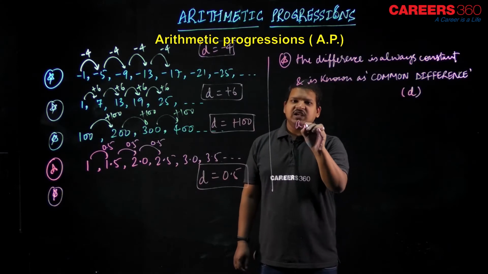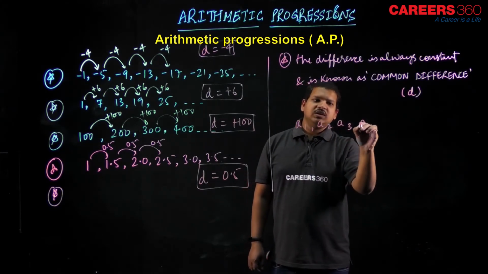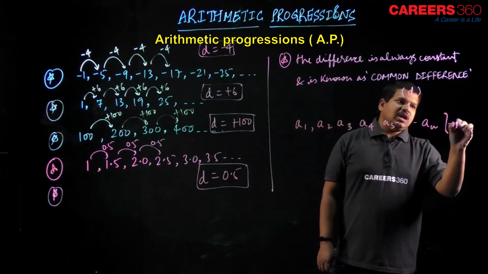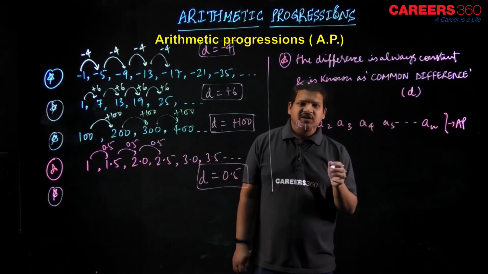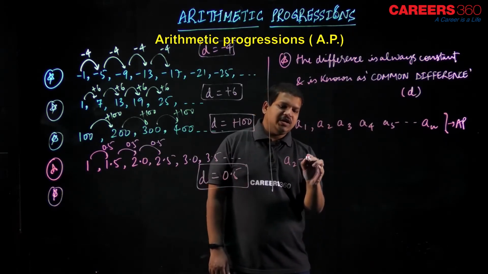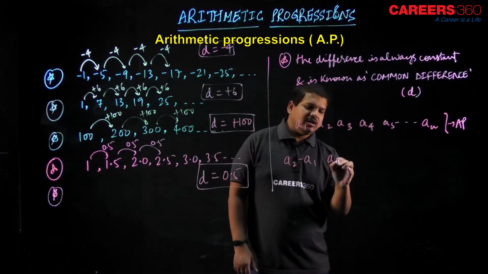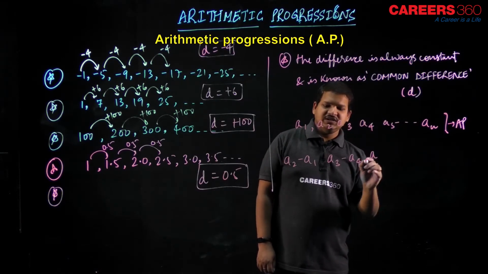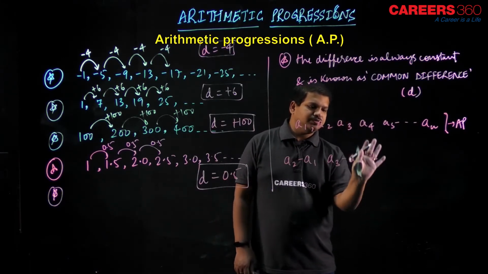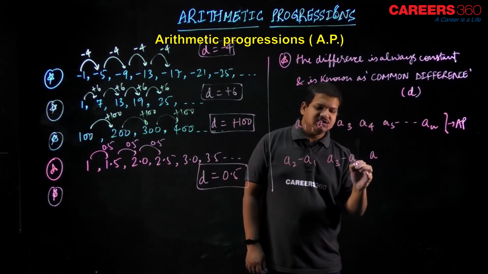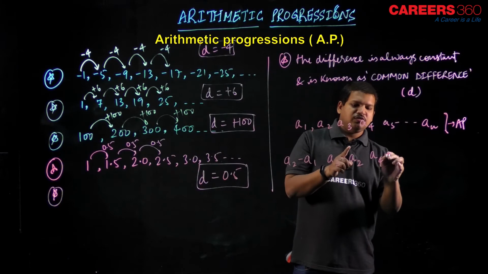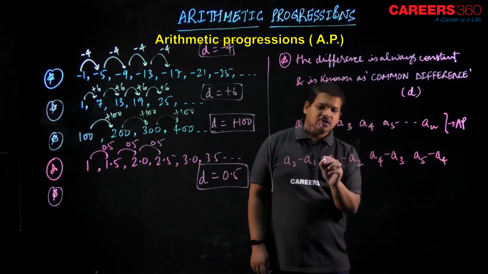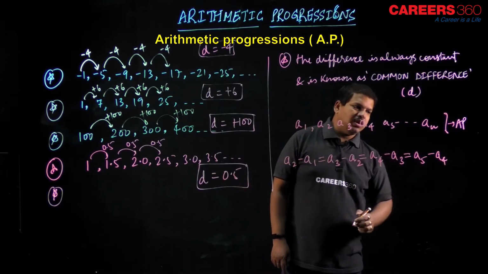So let's say this is A1, A2, A3, A4, A5 and so on up to AN, this is in AP. So what it means is that A2 minus A1, A3 minus A2, and then A4 minus A3, and then A5 minus A4, all of these will be equal.